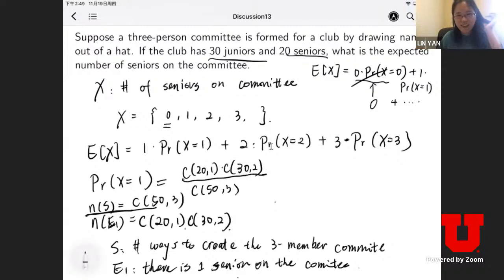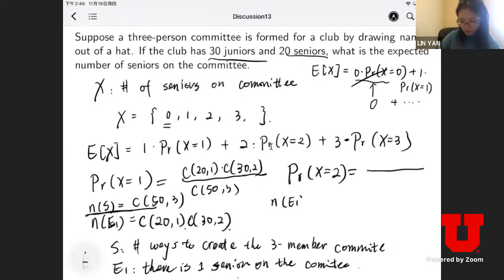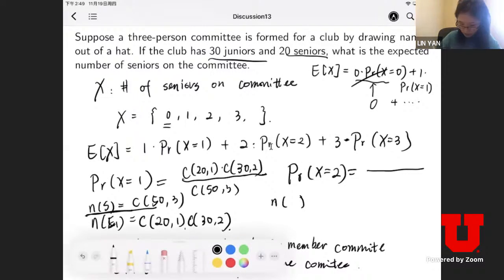So it's a little complicated. And then we need to decide what is the probability of X equal to 2. So I think NS is the same, but now we need to decide what is NE2. E2 means that there are 2 seniors on the committee.